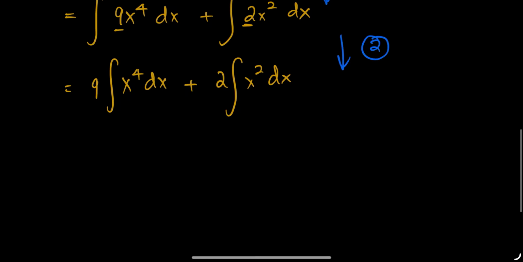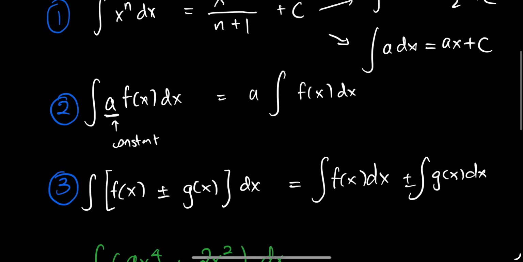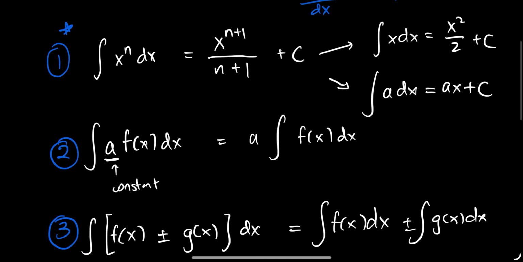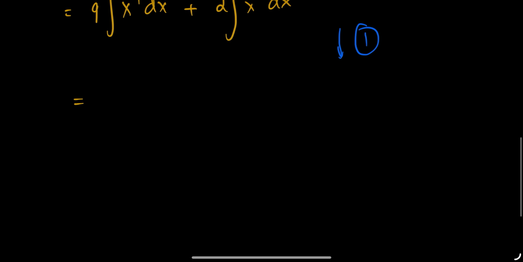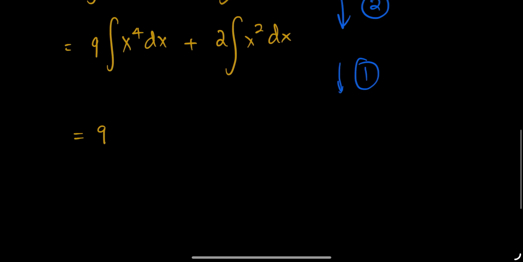And again, we use the first formula, where the integral of x to the n dx is just x^(n+1) over n plus 1 plus c, right? So we get 9 times x to the 5 over 5 plus c.